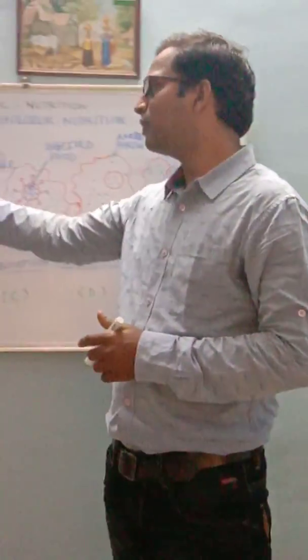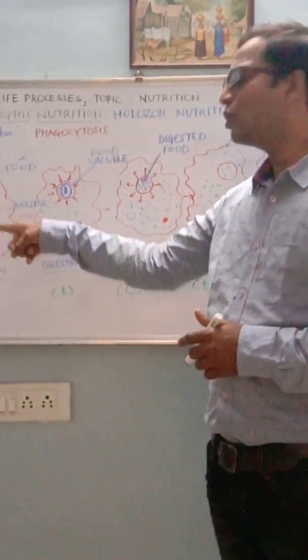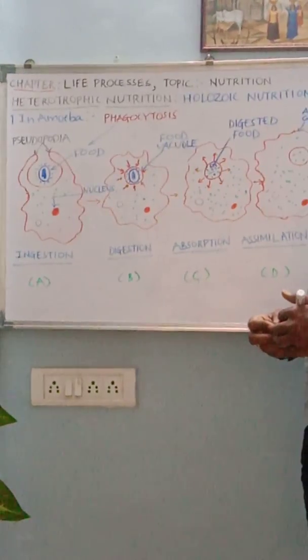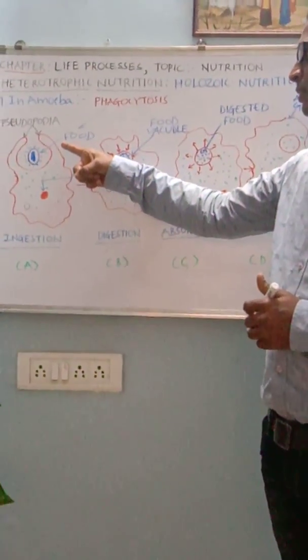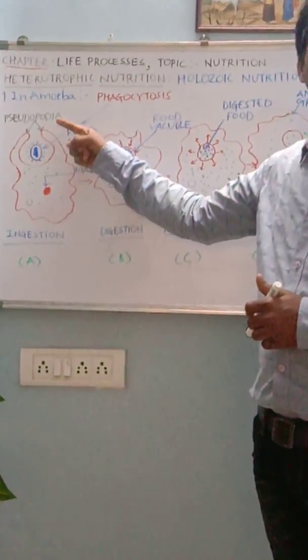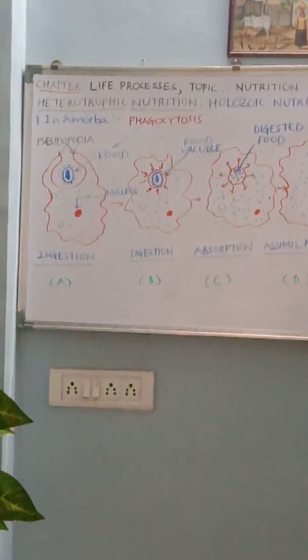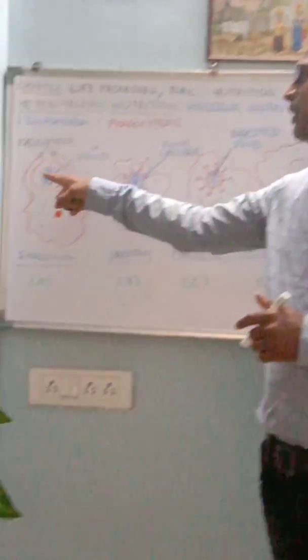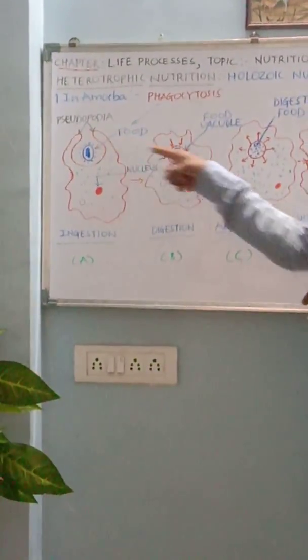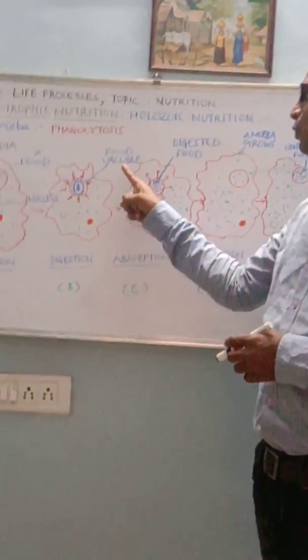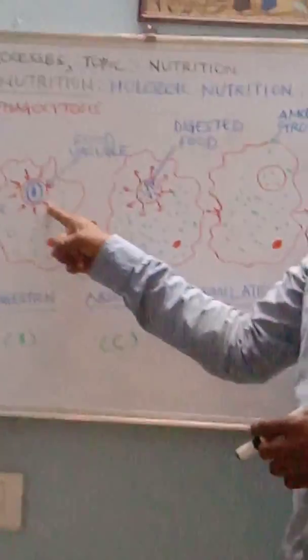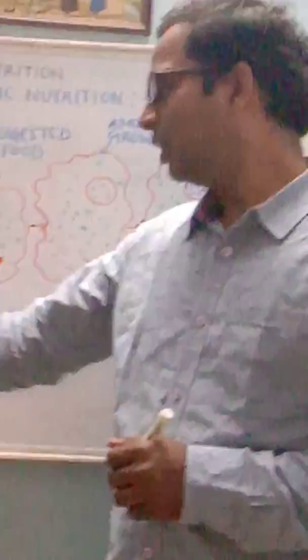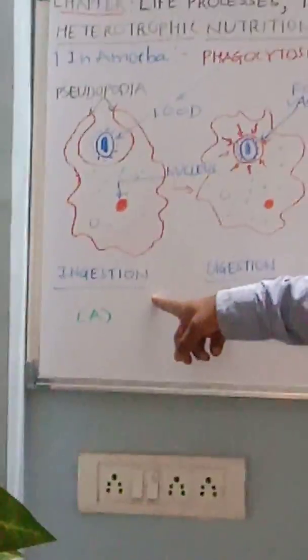So that is the food of amoeba. So it does not have mouth. It has a special body part which we call as pseudopodia. So it has false feet. So it extends those false feet and forms one cavity, and this cavity we call later on as a food vacuole. So this process of taking food inside the body we call as ingestion.